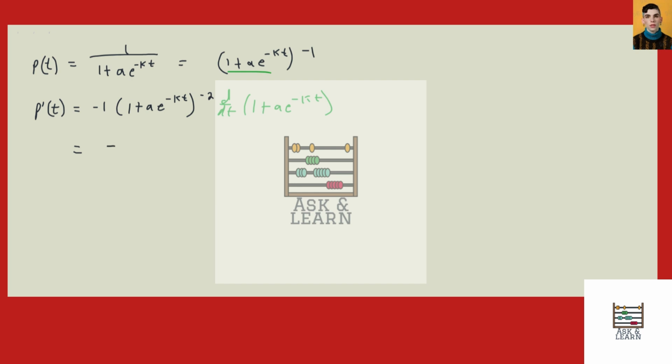So this should be -1 over 1 plus a e to the negative kt, squared. And the derivative of what we have in green there should be negative a k e to the negative kt.